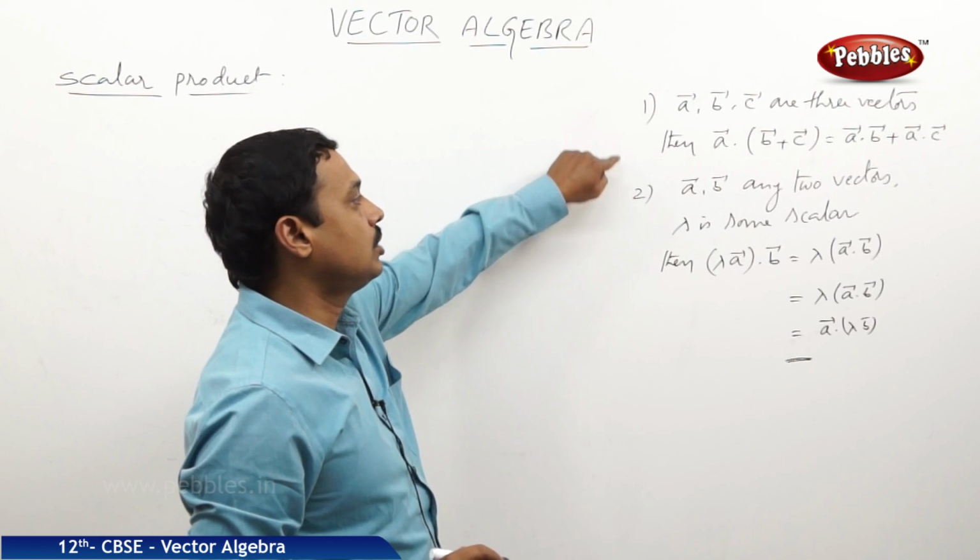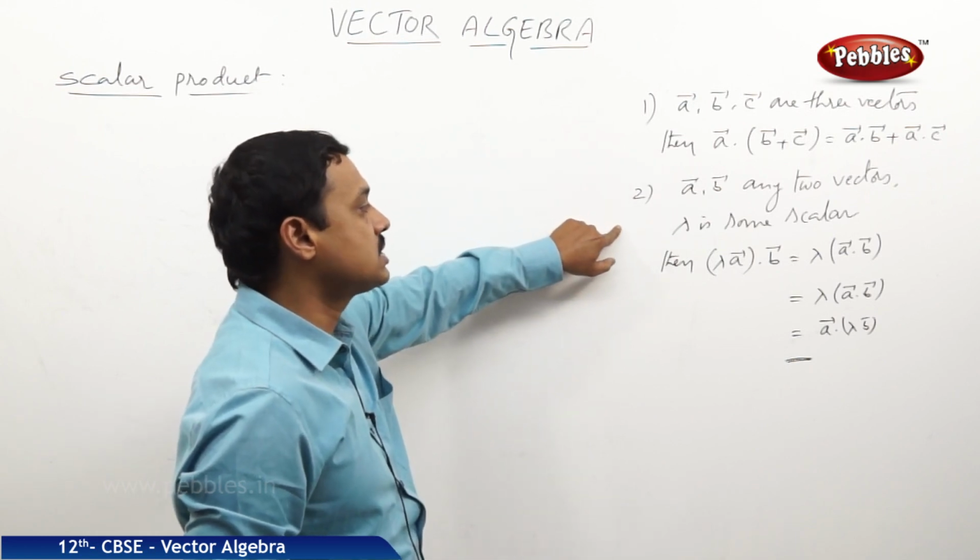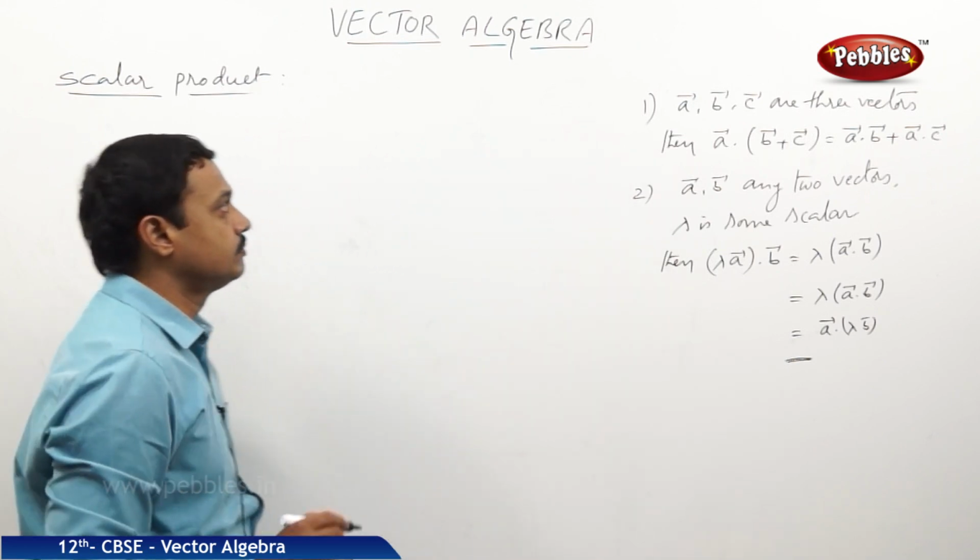Now these are the two important properties of the dot product.